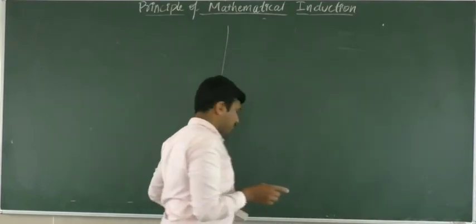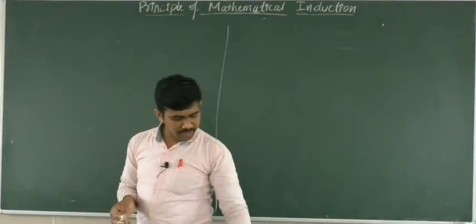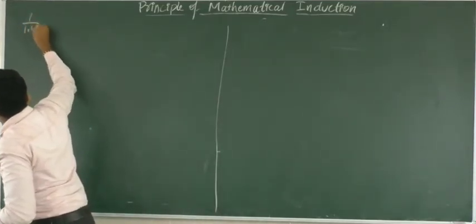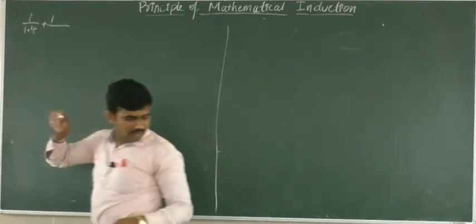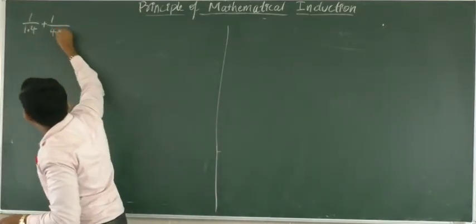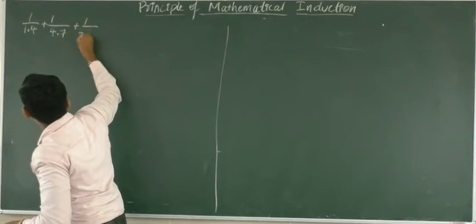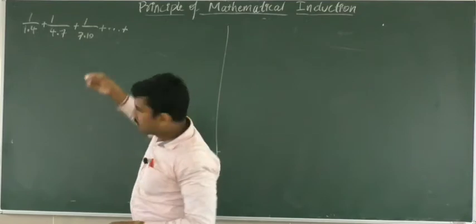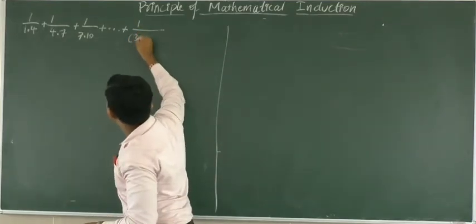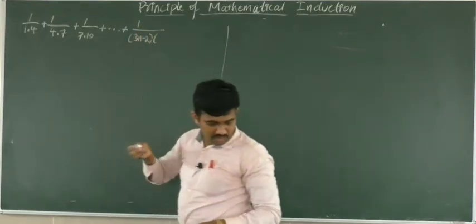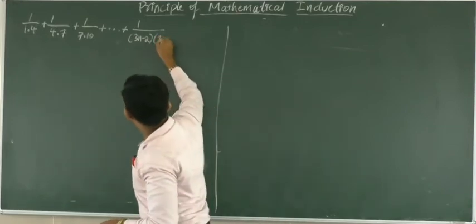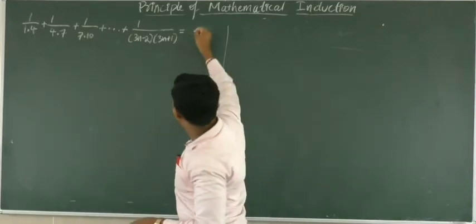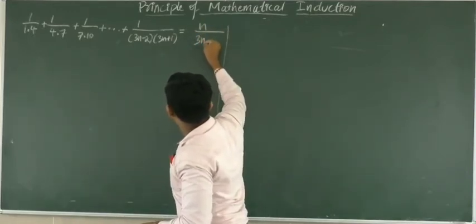Now what is the next problem? The next problem is 1 upon 1 into 4 plus 1 upon 4 into 7 plus 1 upon 7 into 10 plus and so on plus 1 upon 3n minus 2 into 3n plus 1 is equal to n upon 3n plus 1.